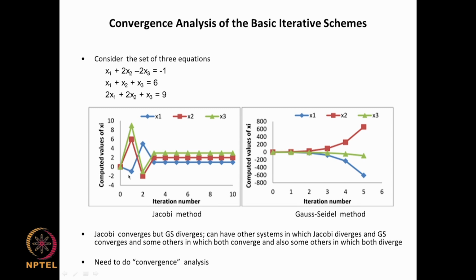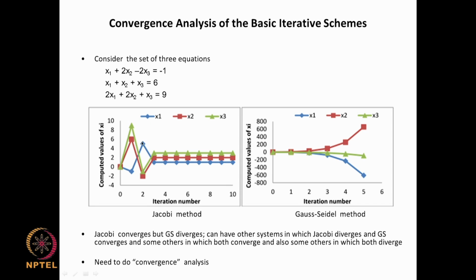x1 has decreased to something like minus 1.5, while x2 and x3 have increased. At the next step, x1 has increased from a negative to a positive value, and the other 2 have come down.